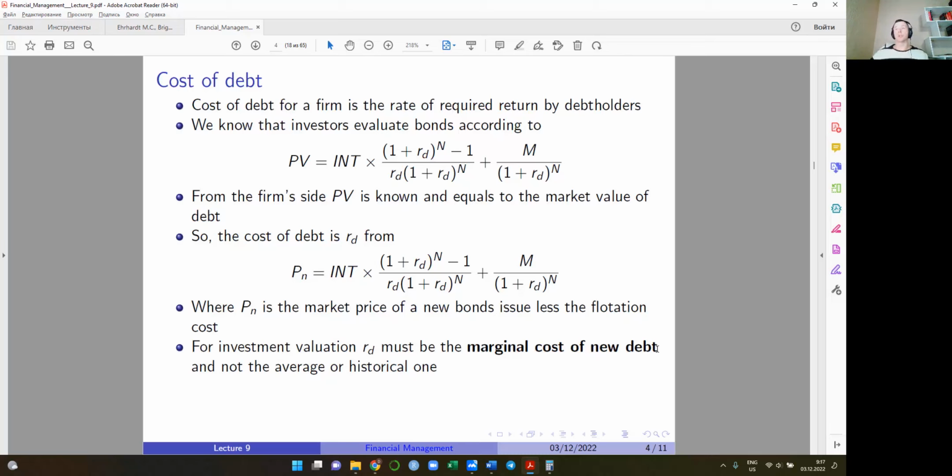Since we are talking about investment valuation, an investment project is going to be implemented, so this is about the future. We also want to know the interest rate on the future debt issues, not about the past ones. The past ones might be different. So this is an important conceptual thing to understand.